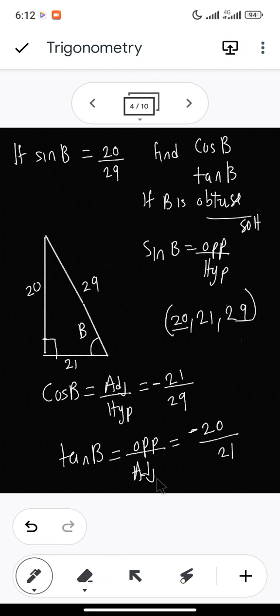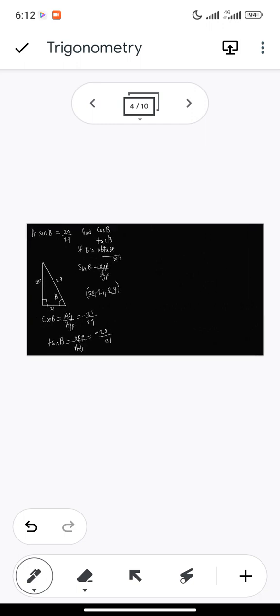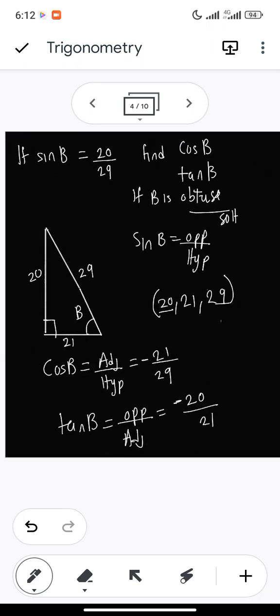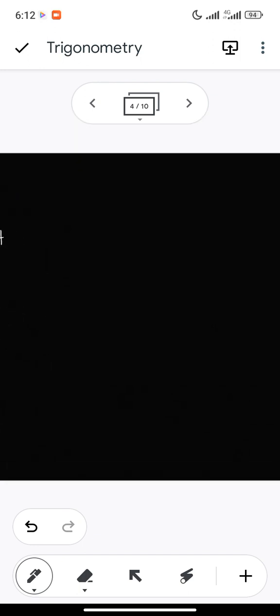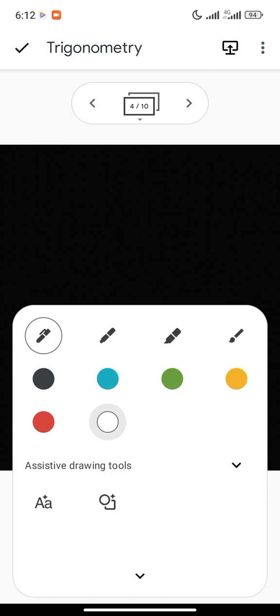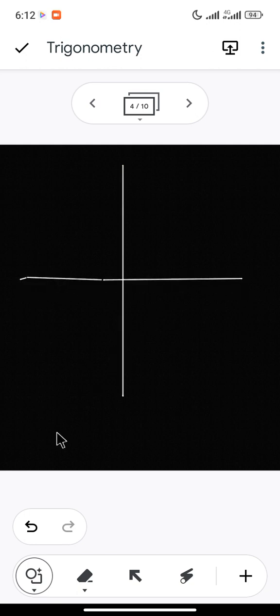Now let me show you the conventional way of actually drawing that diagram, since they say B is obtuse, because obviously looking at B here, B is an acute angle because it does not exceed 90 degrees. So this is the actual way of drawing it. It's going to be this way. You're going to indicate the quadrant. So you're going to draw this all out.